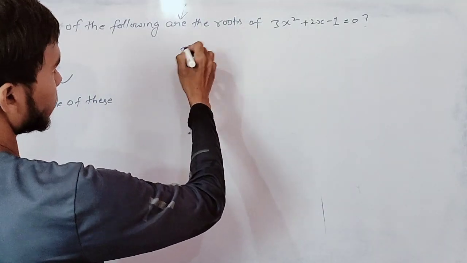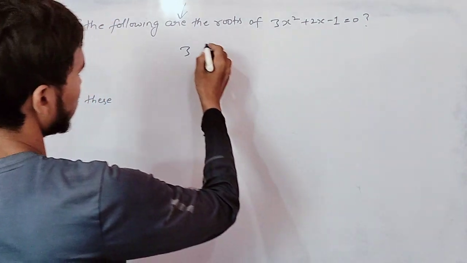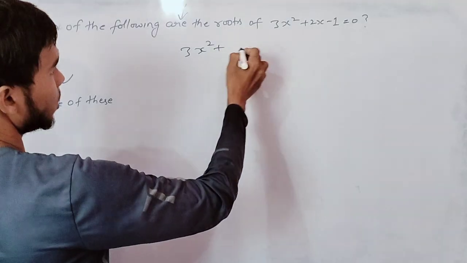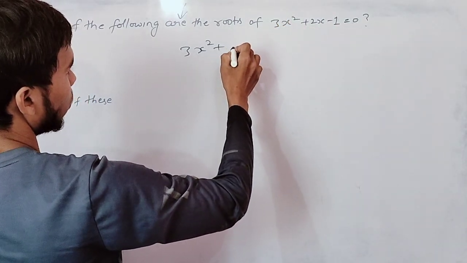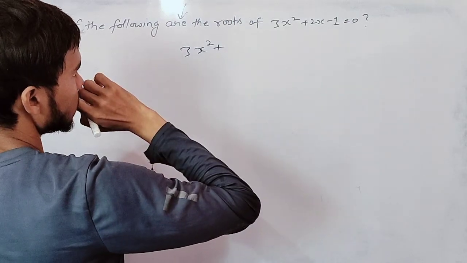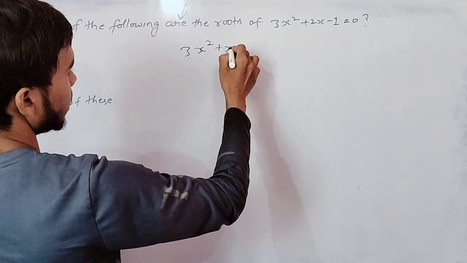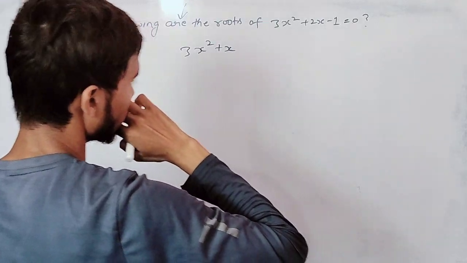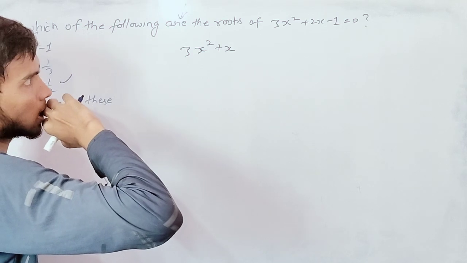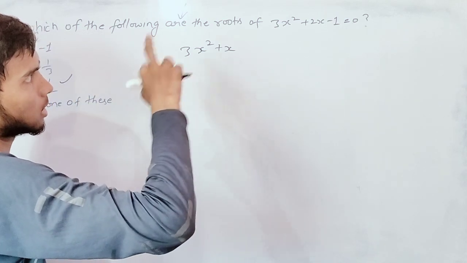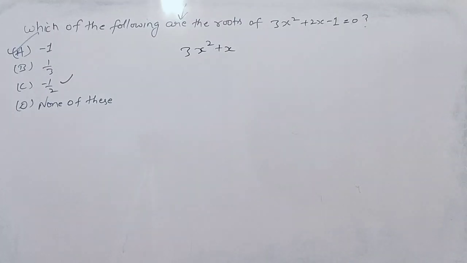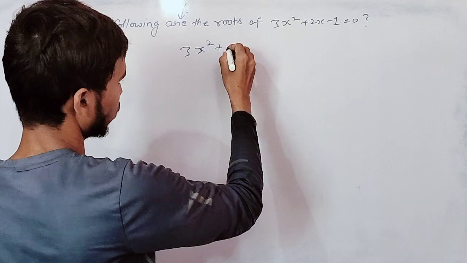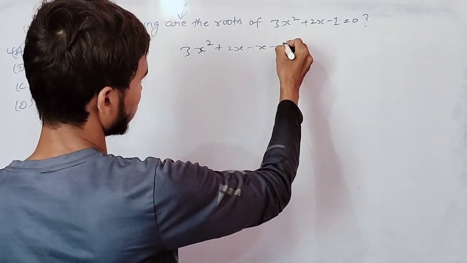So directly you can use the splitting method. 3x square plus, so here 3 ones are 3, so I think x plus x, 2x minus x minus 1 minus 1.